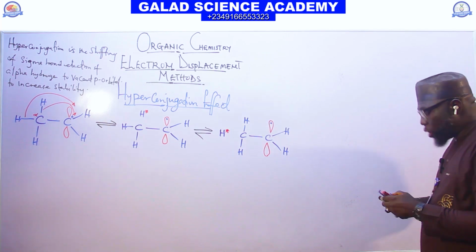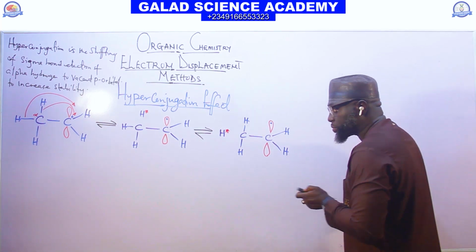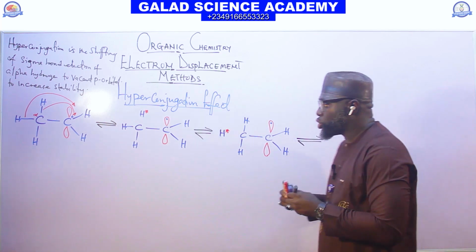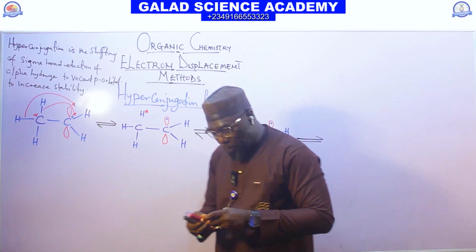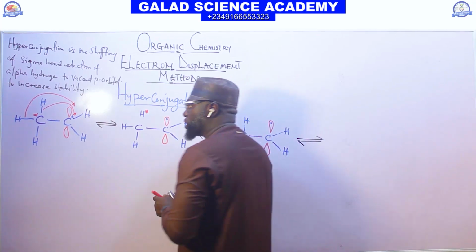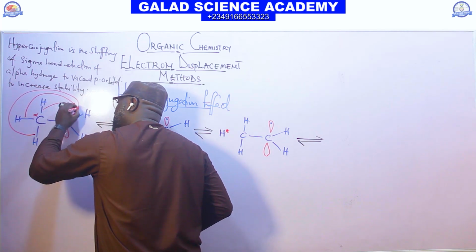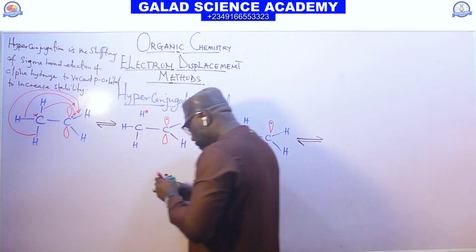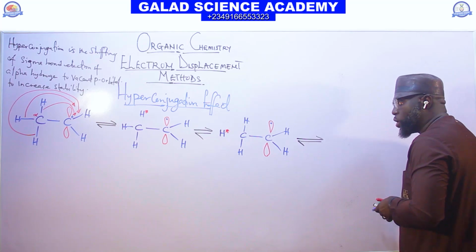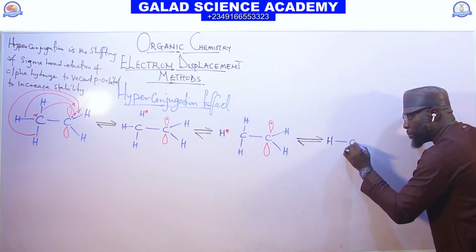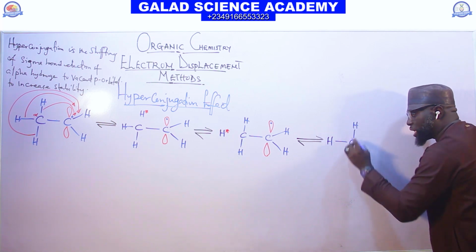Now, if the third hydrogen donates its own orbital to this side, what will happen? This one we attach to carbon. This one we also attach to carbon.